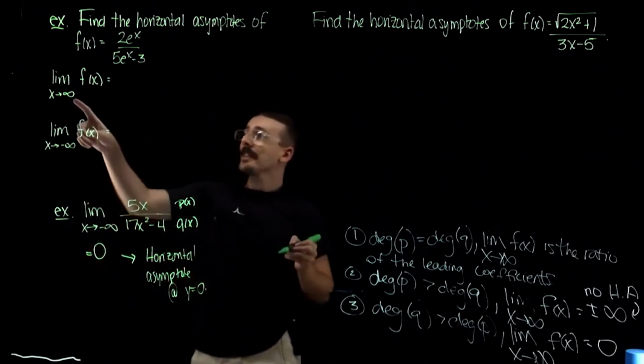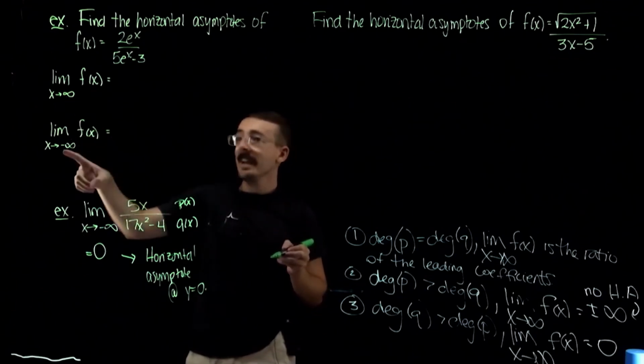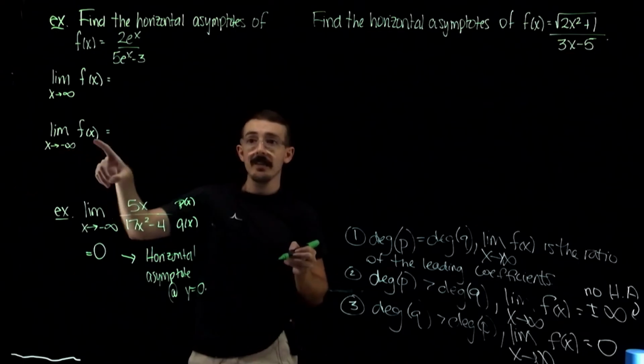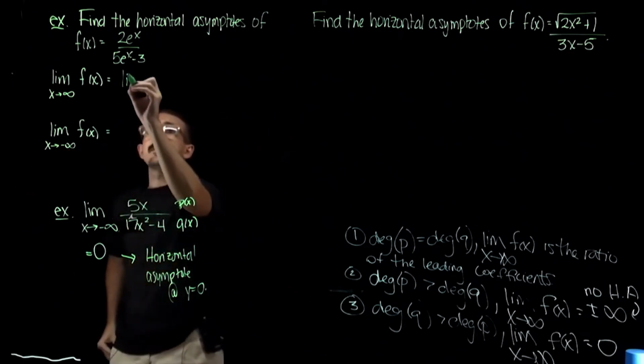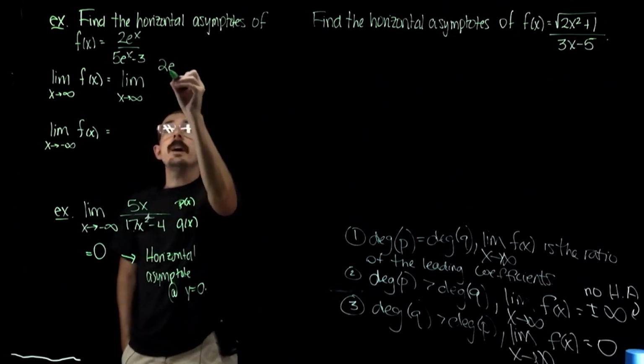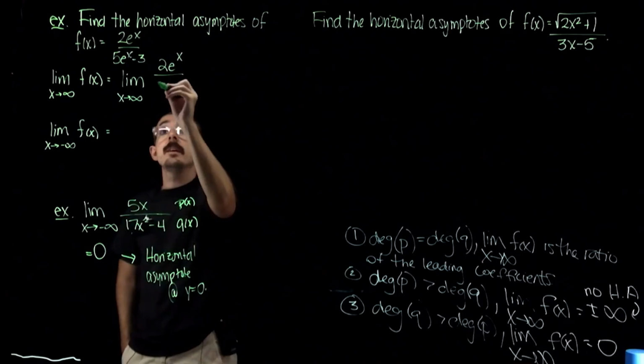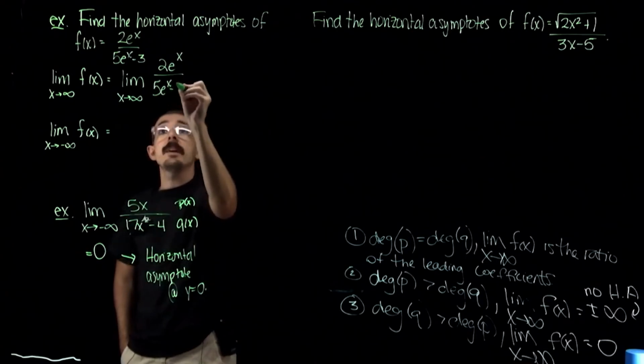So you're going to look for the limit as x goes to infinity of f of x and when x goes to negative infinity of f of x. So this is the limit as x goes to infinity of 2e to the x over 5e to the x minus 3.